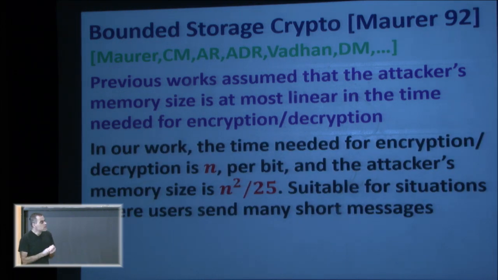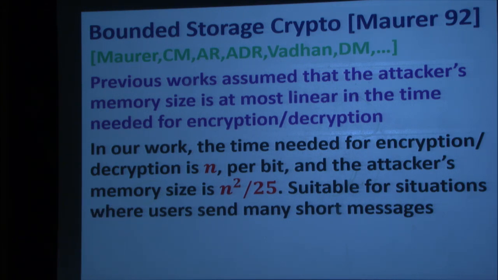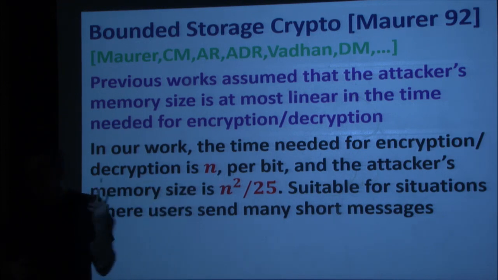And in our scheme, we need a secret key of size n and time of n for encryption and decryption, and it's good for an attacker of memory size n squared over 25. Now, I want to say that we need an encryption and decryption time of n per bit.